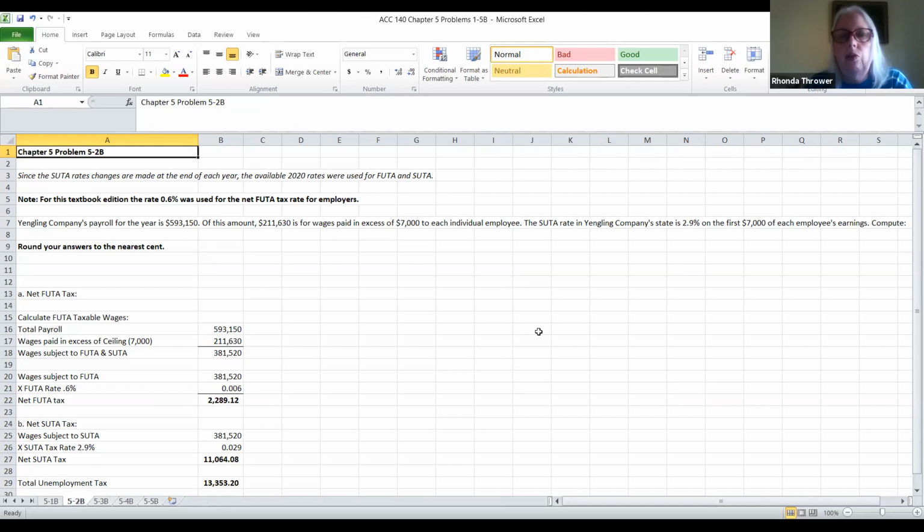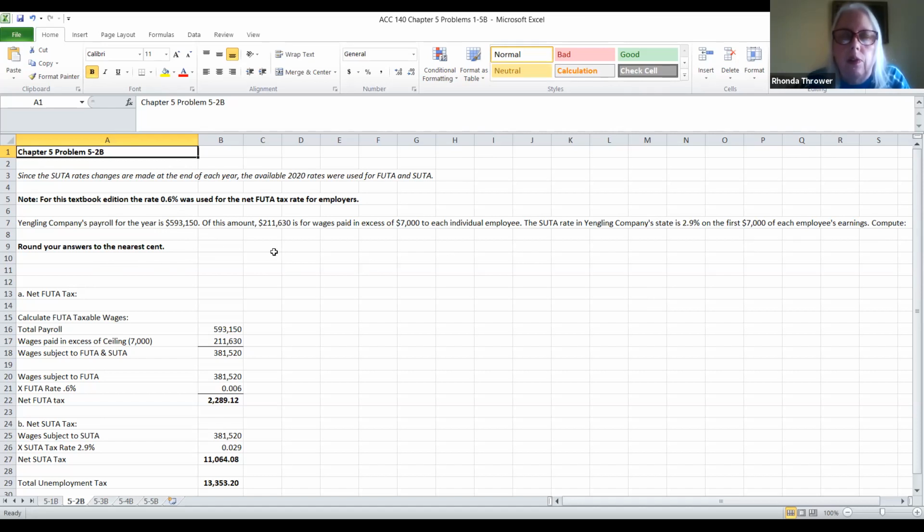The SUTA tax rate in this company state is 2.9%. That's on the first $7,000 of each employee's earnings. So they want you to compute the net FUTA tax. Well, right here, they've told you what the total payroll is.